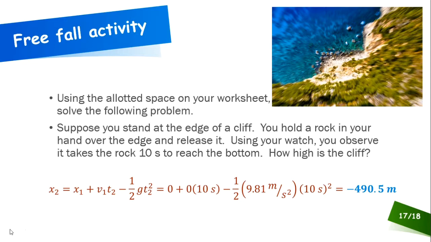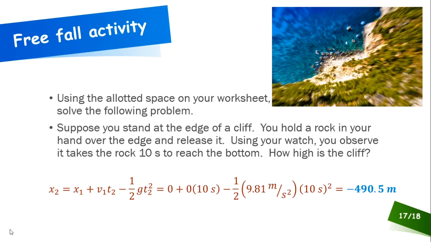The first term is 0. The second term is 0. The third term, negative 1/2 times 9.81 times 10 squared, gives us a negative 490.5 meters. Notice that distance is negative. What does that mean? Well, that just means you're on the other side of 0. Remember, to be consistent with our sign convention, down means negative.